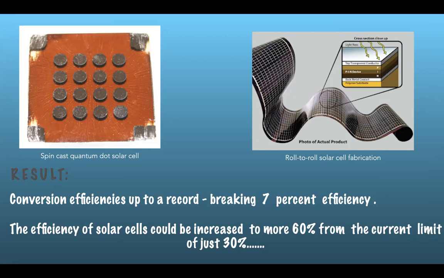The efficiency of solar cells could be increased to more than 60% from the current limit of just 30%. So this is the result for the solar cell.